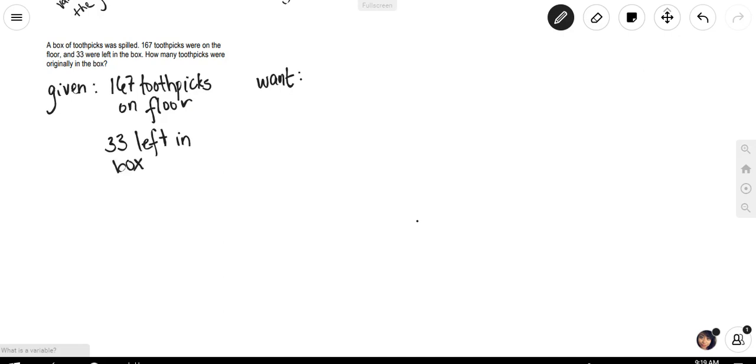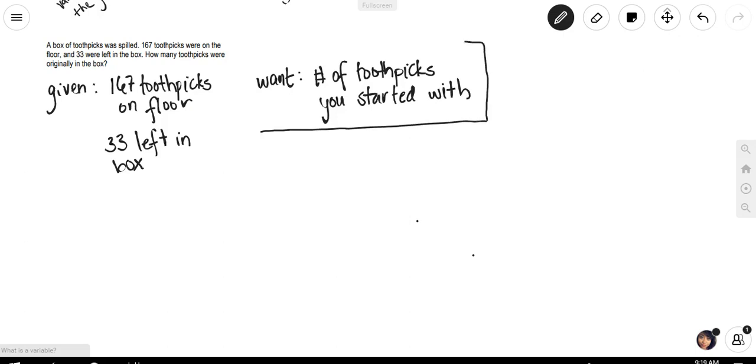What you want is how many toothpicks originally, so the number of toothpicks you started with. Now, this is your unknown information. And because you have some unknown value, you can represent it with a variable.